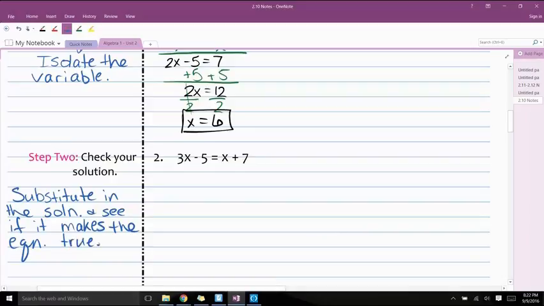Okay, make sure you're getting all these notes down. I know realistically you might not always have time to check every single problem, but when you can, it's worth it. You want to know that you're accurate. You want to make sure that you're doing things right.